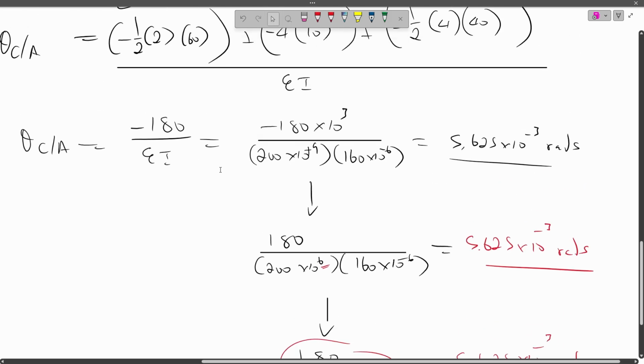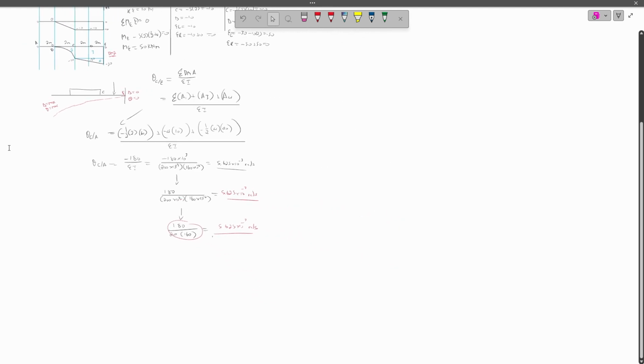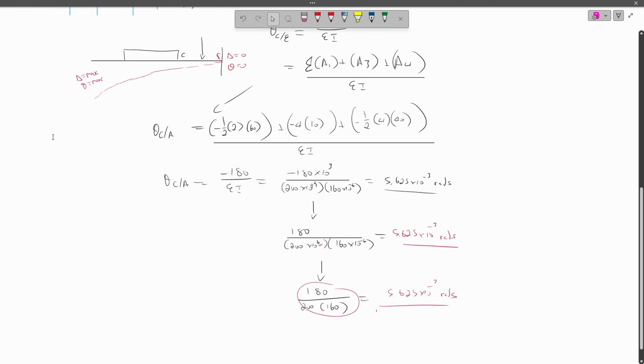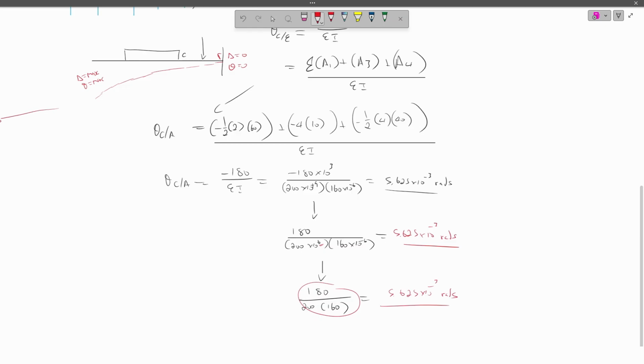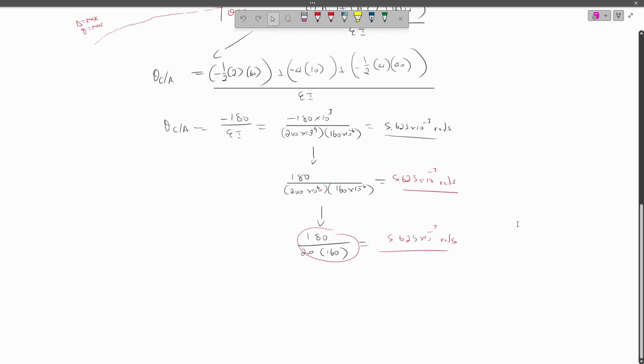Now let's look at our deflection. Okay, let's do it on the side.